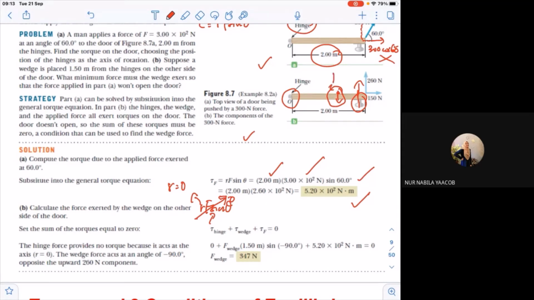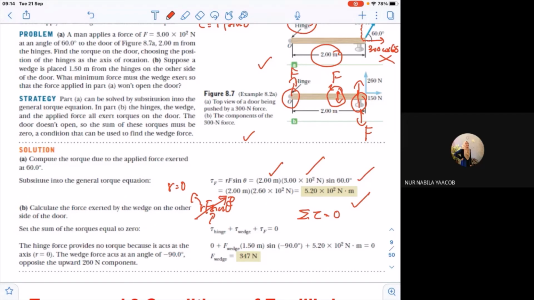This one is force, this one is also force, the hinge is also force. But when we calculate torque about the hinge, it becomes zero because r is zero. So when we combine everything, we can say the summation of torque equals zero.